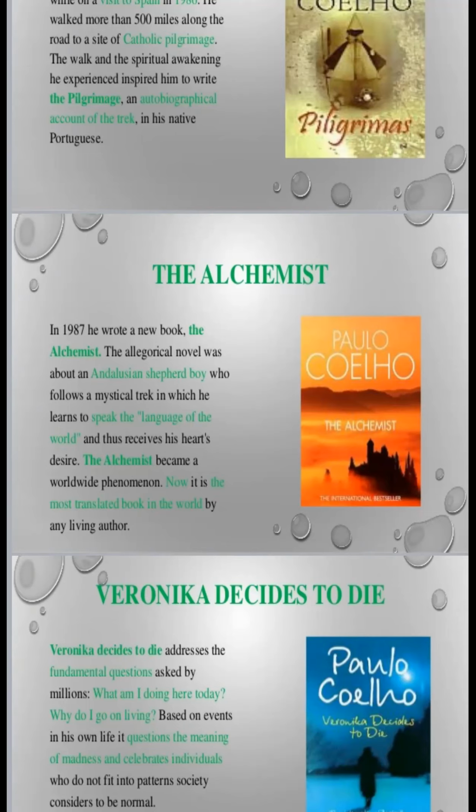During that journey, what he learned, how he reached there, what languages he discovered, all of this is in the novel. It is considered an allegorical novel, and the shepherd receives his heart's desires through this language, and it became a worldwide phenomenon.